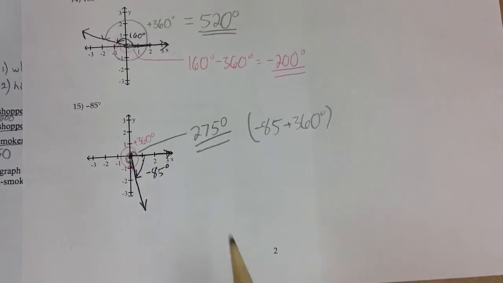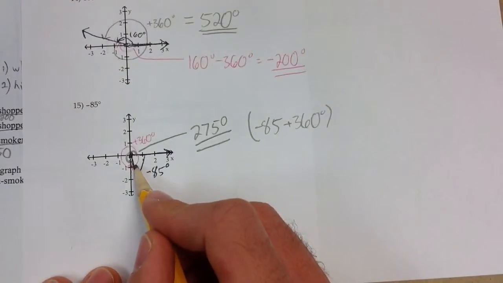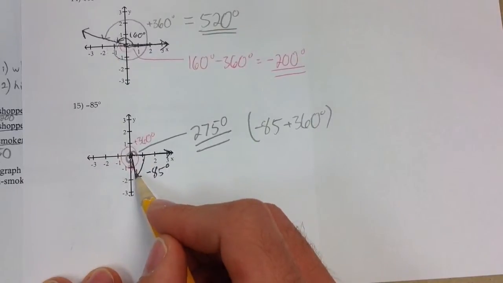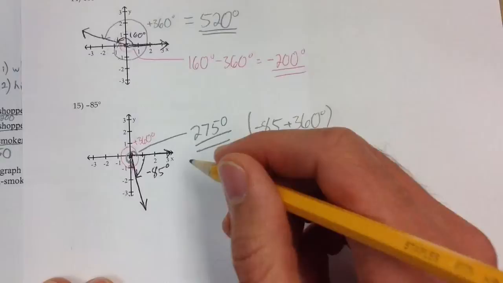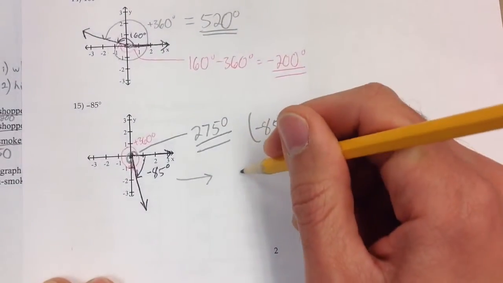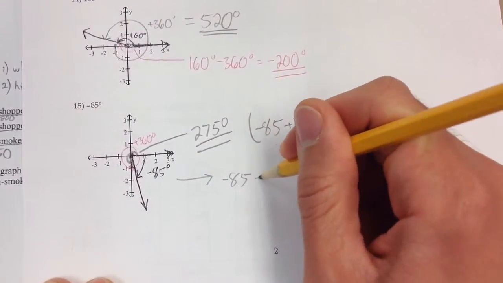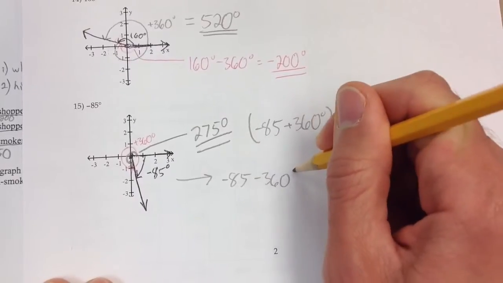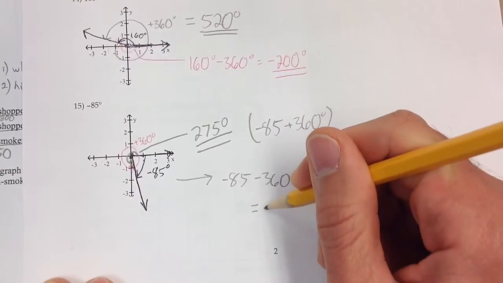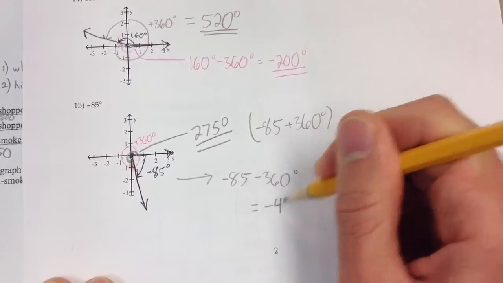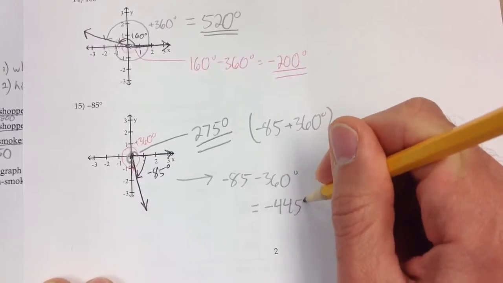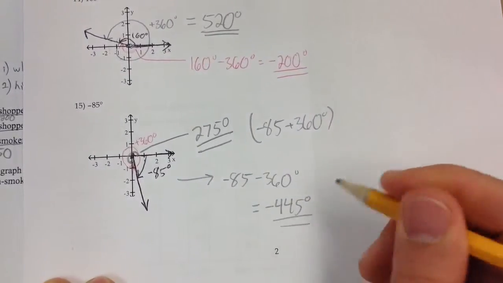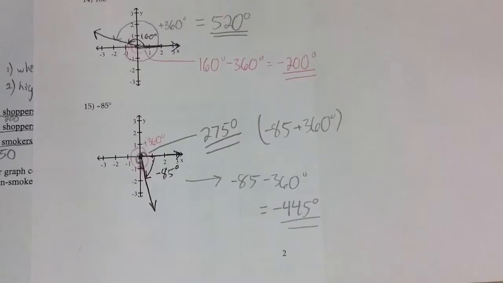So, like we added 360 here, we can subtract 360, because we want to go in the other direction. So negative 85 minus 360. Negative 445, yeah? Okay.